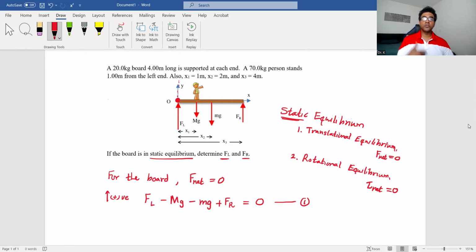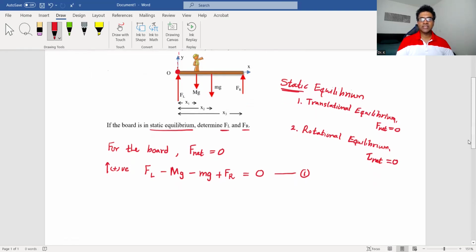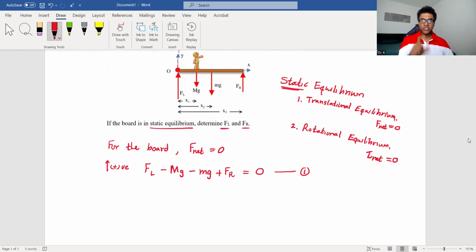So there's no torque acting on the beam due to that force. When I write an equation for the net torque on the beam, I won't get any contribution from that unknown force F of L. That's the main reason I'm strategically using point O. Keep that in mind.